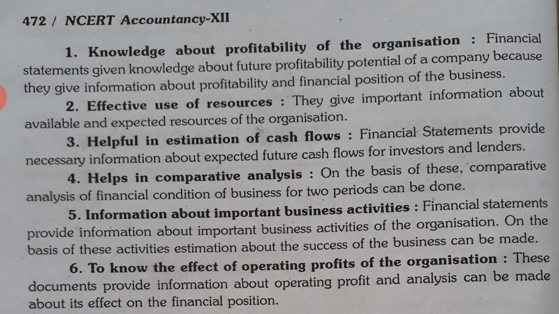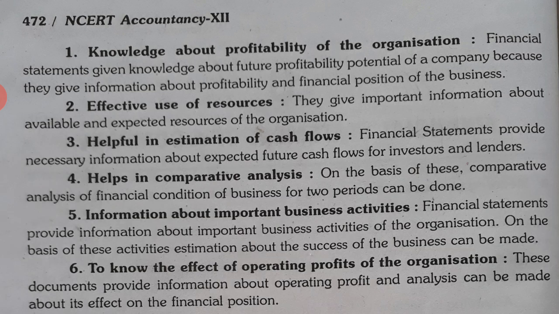Profitability is a ratio which is found out on the basis of current assets, current liabilities, fixed assets, and fixed liabilities. So after every quarter, or at the end of the year, the company wants to know how much profit is earned in comparison to previous years. So for this, financial statements are made.